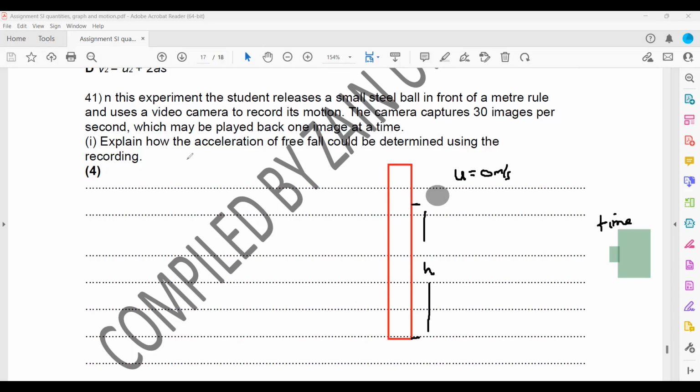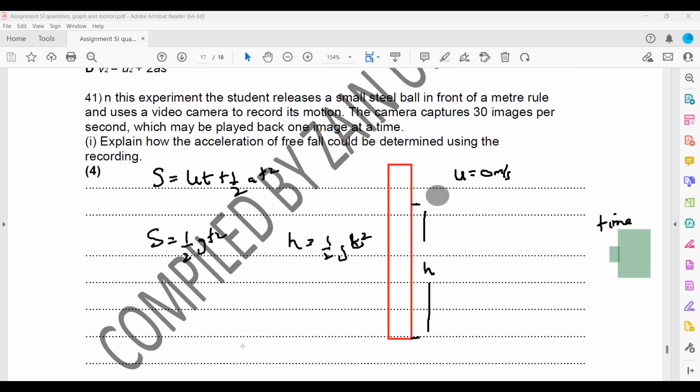We have the equation of motion s = ut + half at square. If initial velocity is 0, this whole term will be 0. So s = half g t square, meaning the height is equal to 1 by 2 g t square.